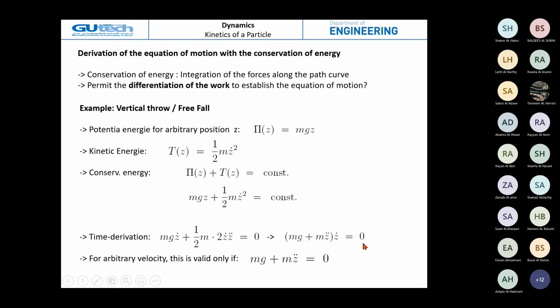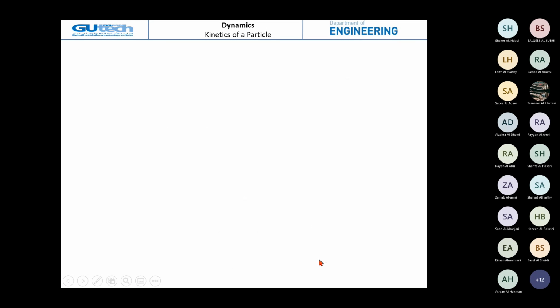If it's 0, it means there is no velocity, so there is no motion. This case will be rejected. Then we have only the first term equal to 0. Then we get minus mg equal to m z double dot. Then z double dot will be equal only to minus g.